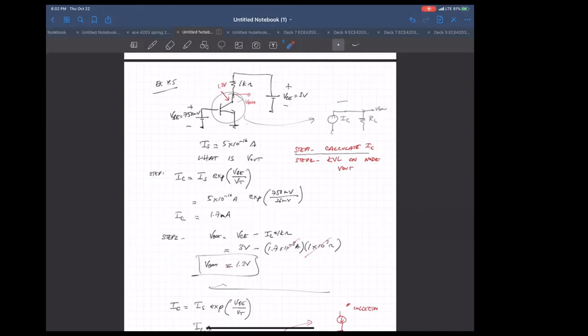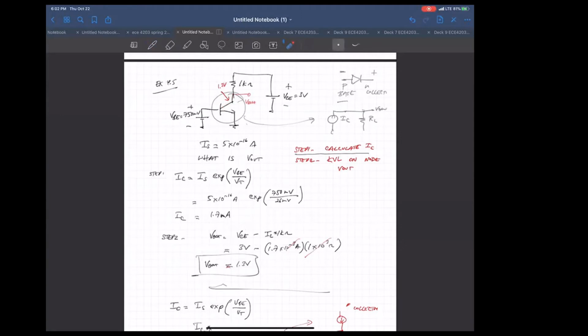Remember, if you look at the PN junction, if this guy is below this guy, this is the P side, this is the N side. So you could think of it as this being the base, this being the collector. It would make this reverse biased. So the collector base is reverse biased.